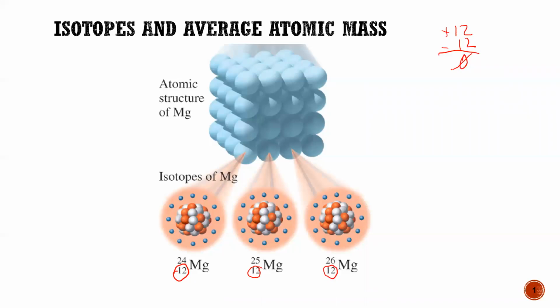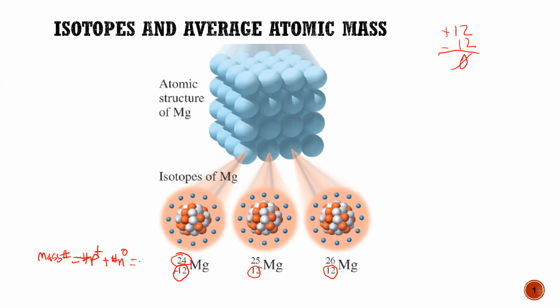What is different with all of these isotopes of magnesium, so what is different with all of these atoms of magnesium, is they have a different number of neutrons. And we can see that because if you remember that larger number, which we were saying was the mass number, it's equal to the number of protons and the number of neutrons, which are found in the nucleus, and those are both roughly 1 AMU.